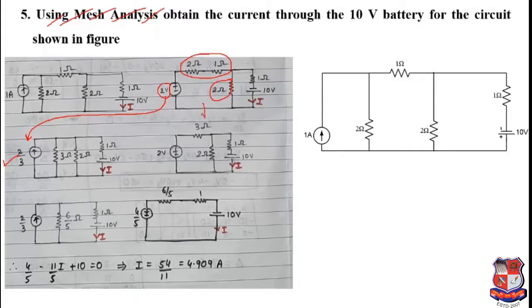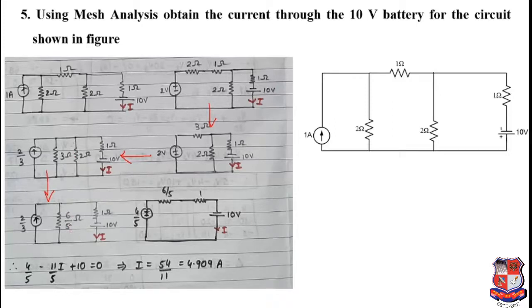The path I have followed is from here you go here, and from here you go over here. Now 3 ohm and 2 ohm are in parallel, so it will be the product of the two resistances, that is 6, and the sum of those two resistances in the denominator, so 6 by 5.